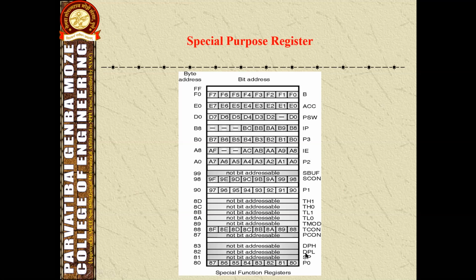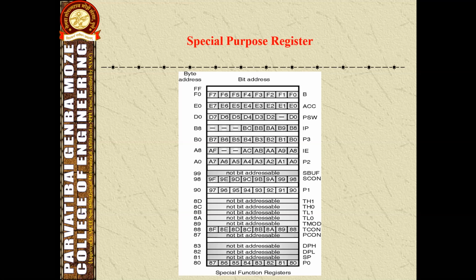The DPTR, the data pointer itself, has DPL and DPH, which have memory addresses like this. Some of the address locations between 80H and FFH are not used, and are not defined or are empty.